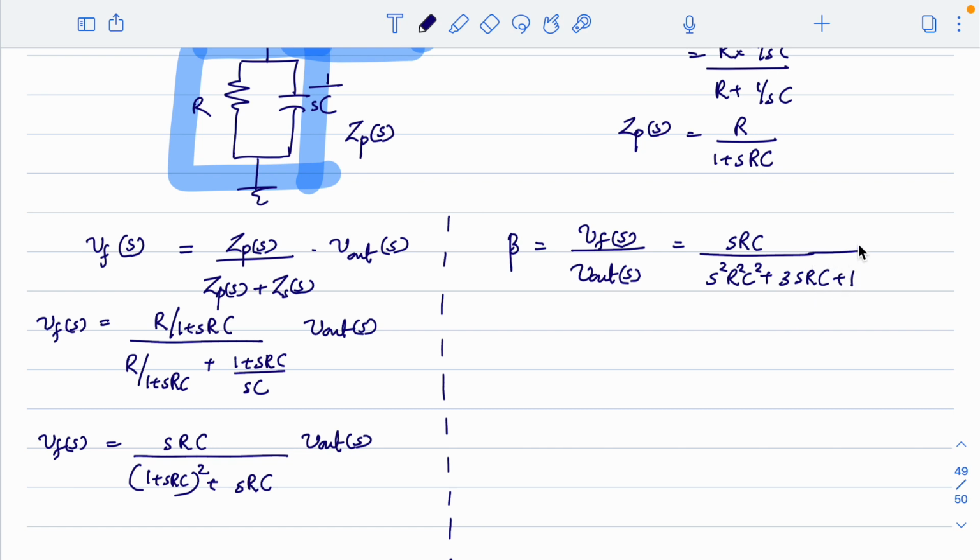I hope this is clear. This is just a mathematical analysis that I am doing. So this is what we have as the beta factor. Let me just keep this, because I need it anyway.